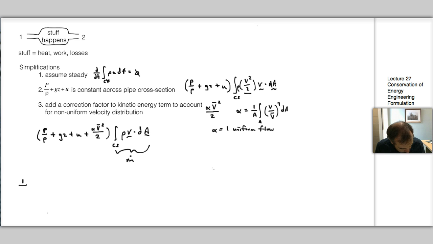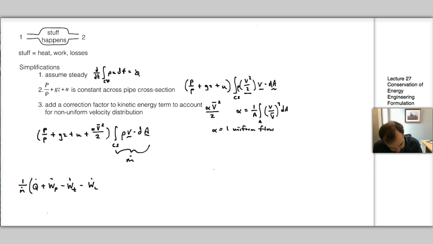We have 1 over m dot times q dot plus W_P dot, work done by the pump, minus the work done by a turbine. And then I'm going to go ahead and add in a loss term, which is all these losses that I talked about in the beginning.